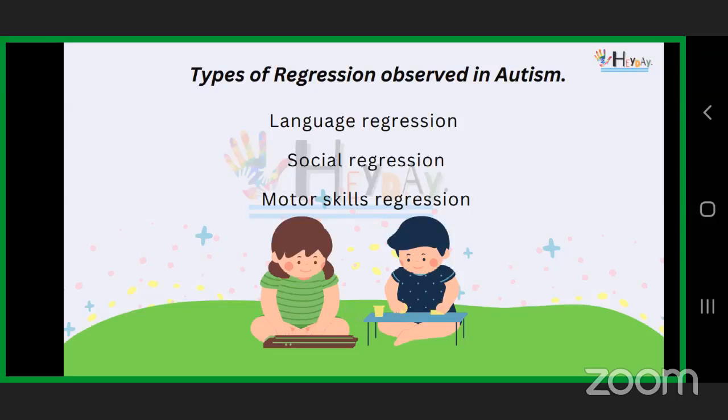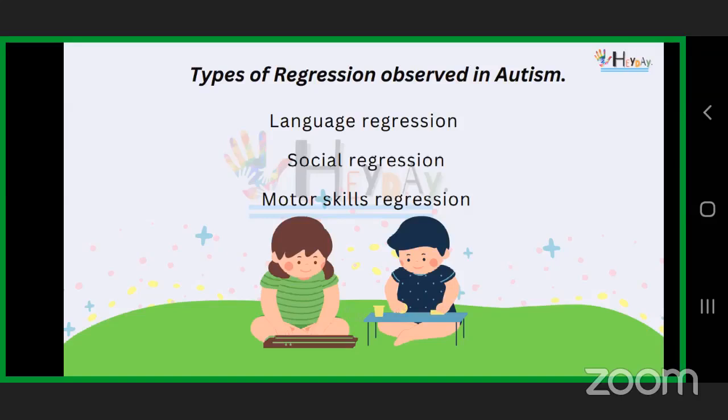Then we also have motor skills regression. One who experiences motor skills regression most times demonstrates a decline in motor skills, either fine motor skills or gross motor skills. It can impact their ability to perform daily tasks requiring physical abilities.